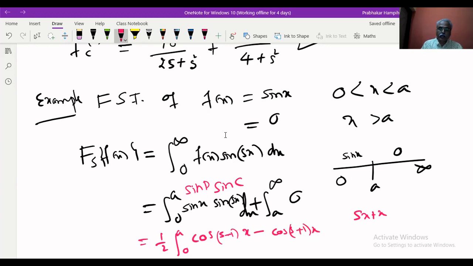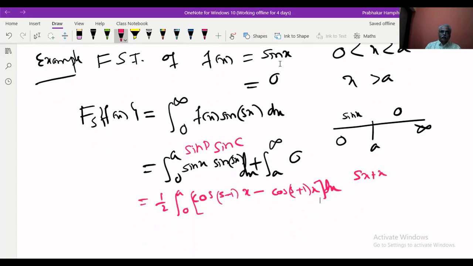So I applied the sin c sin d formula, and now integration becomes so simple, since in the given function only 0 to a remains. C minus d means sx minus x, c plus d means sx plus x.